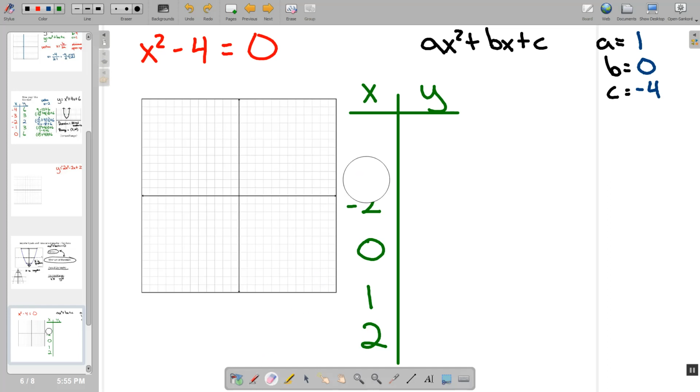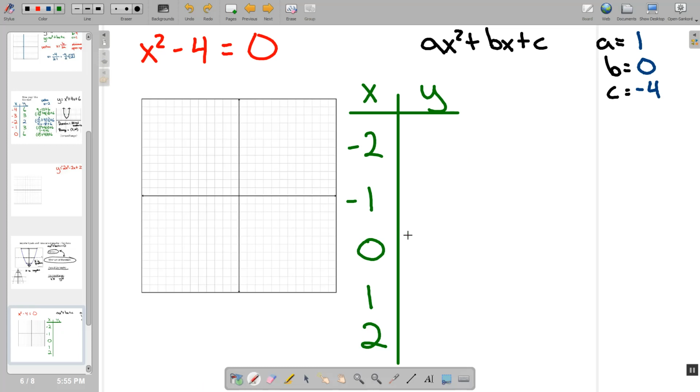The table that we used to do all of the time for lines is now a good table here. -2, -1, 0, 1, and 2. Our vertex is here. In this case, it's going to be a minimum because our a value is positive. And then these numbers should match. And these numbers should match if we do everything correctly. So let's try it out and see what we get.